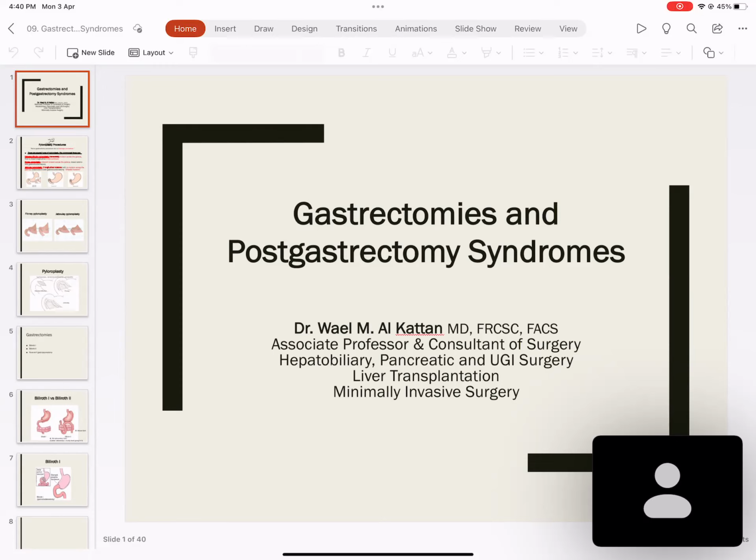No, you don't have to. Since we are talking about the surgeries, as you can see in this presentation, it's the post-gastrectomy syndromes. So we are not asking you about the procedures themselves. We're going to ask you about the presentation and how to differentiate between the different types of the syndromes. So it's not the surgical aspect or surgical part itself. It's the syndromes. Okay.